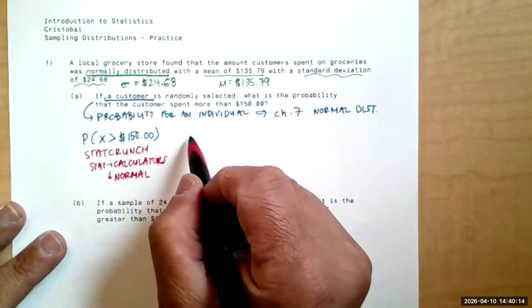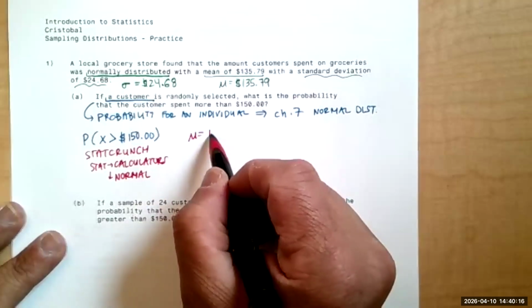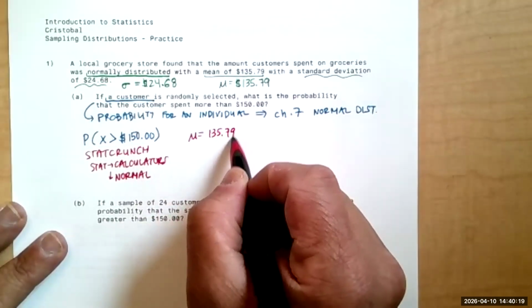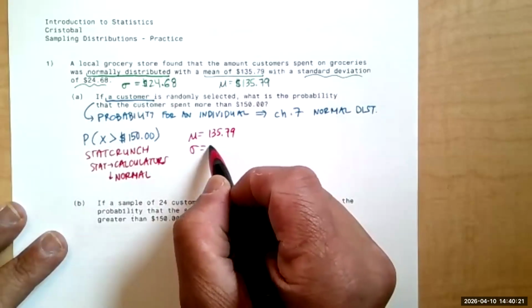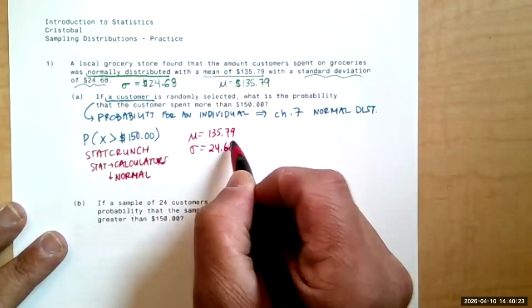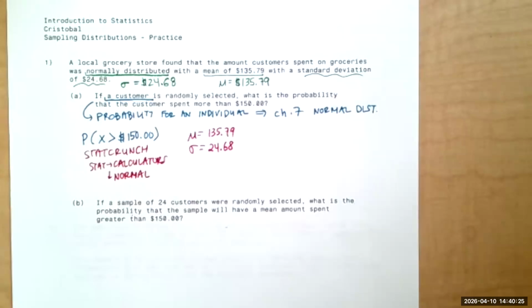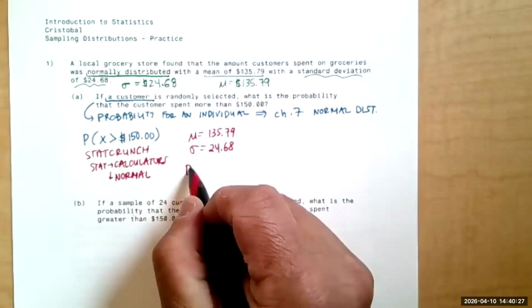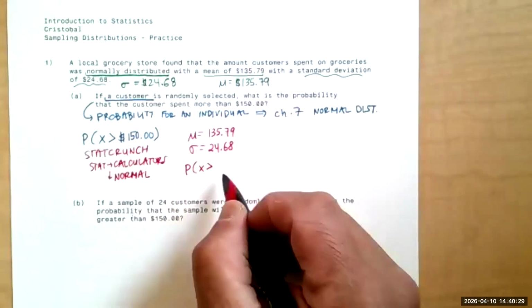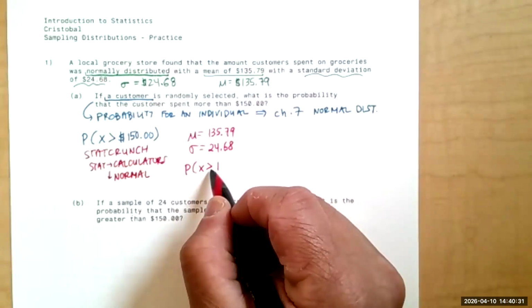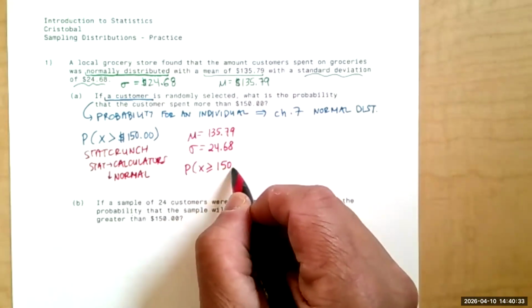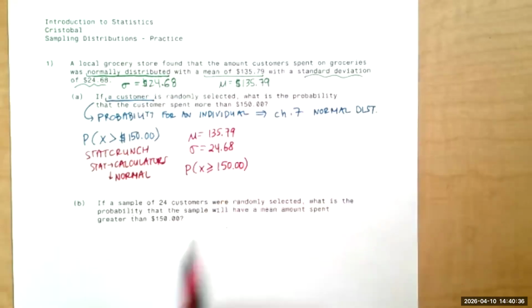We have our value for the mean, mu equal to 135.79, and our standard deviation, 24.68. I'll leave off my dollar symbol, of course. We're looking for the probability that X is greater than or equal to $150; the or equal to is not going to make a difference. On StatCrunch, we'll input this information and see what we get.